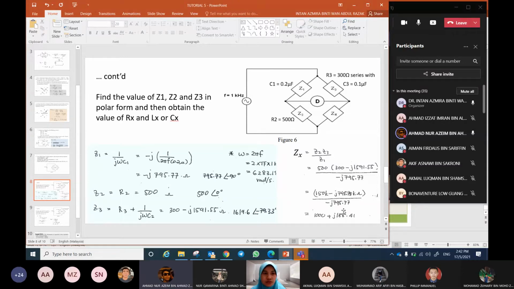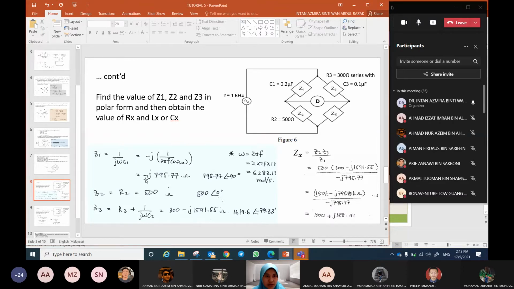Okay, define. So Z1 is equal to, we have only capacitor, the formula is 1 over J omega C. You just write 1 over J omega, where omega is equal to 2 pi F, F is equal to 1K, and then multiply with C1 is equal to 0.2 microfarad.